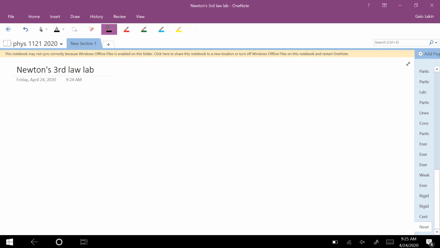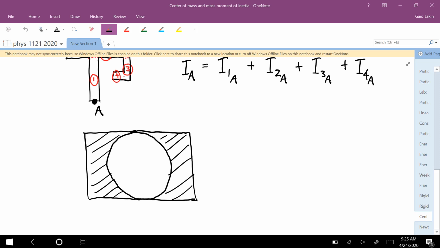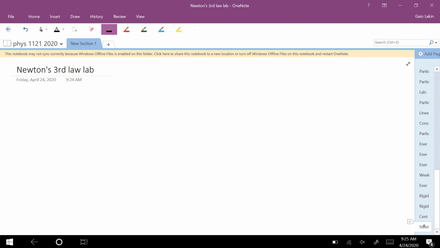Okay, the subject of the lab this week is Newton's third law. And Newton's third law is the one that says, you've heard this before, for every action, there's an equal and opposite reaction.